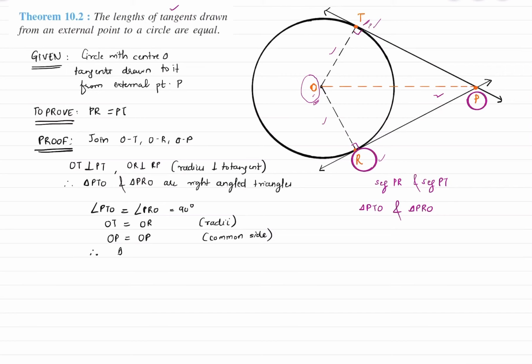Therefore, triangle PTO is congruent to triangle PRO by RHS, and therefore PR is equal to PT by CPCT. Hence, proved. And there you go.